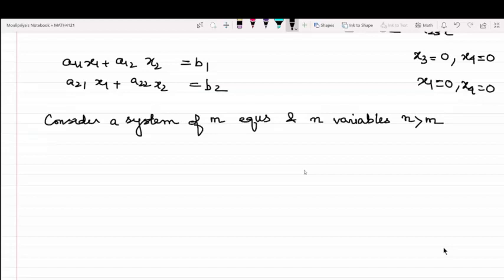Suppose we are considering a system that has got m equations and n variables where n is greater than m, and suppose that rank of A is equal to m.